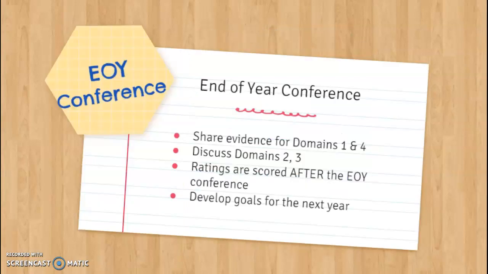At the end of the year, you will have an end-of-year conference, and this end-of-year conference provides the opportunity to present evidence related to the attainment of professional practices and responsibilities from Domain 4.